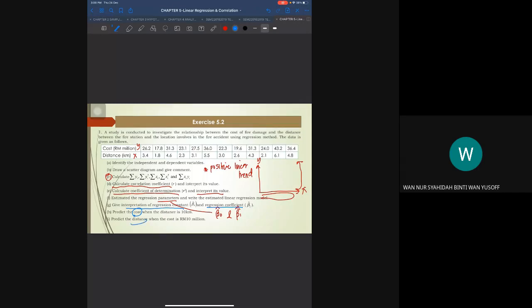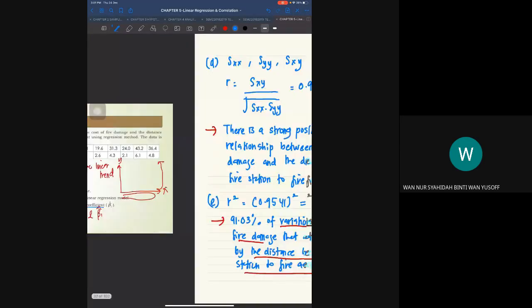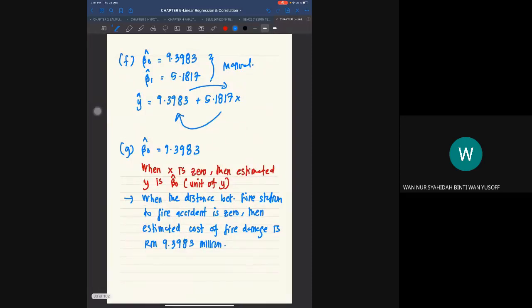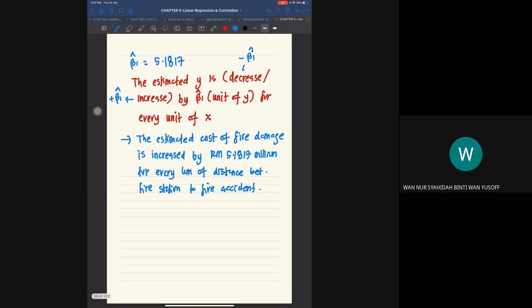What is the distance here, x or y? Then you know which variable to substitute the given value into. Cost is our y, so we need to substitute 10 into the x. Distance here is our x, so we need to substitute RM 10 million into our y.